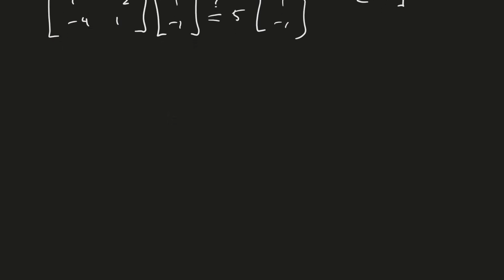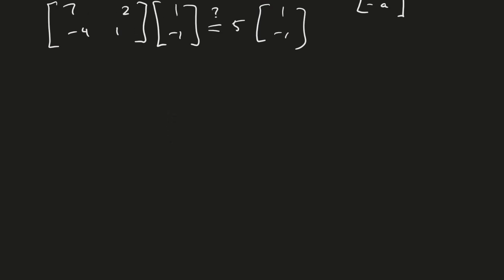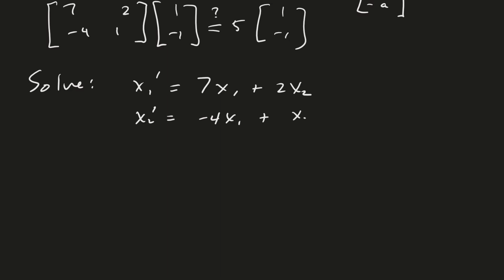Let's use the same array, but now I'm going to try to solve x1 prime equals 7x1 plus 2x2, and x2 prime equals minus 4x1 plus x2. Notice that that is the same matrix equation: [7, 2; -4, 1] times (x1, x2).